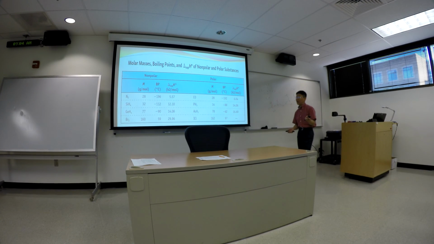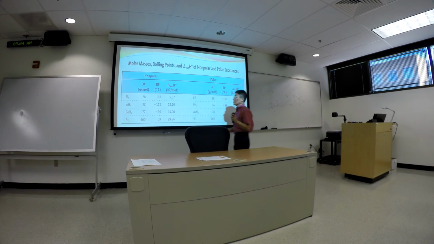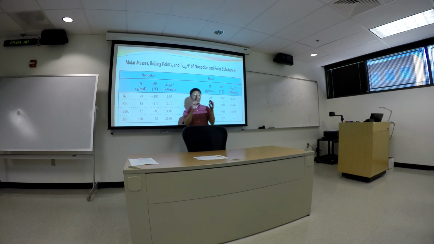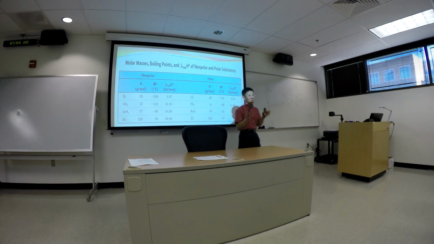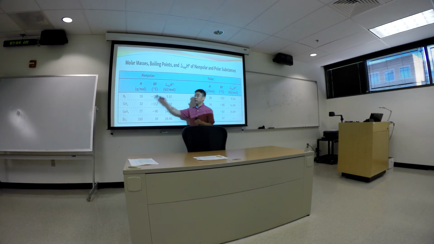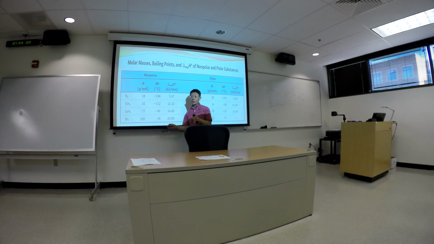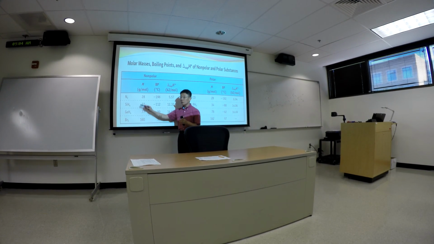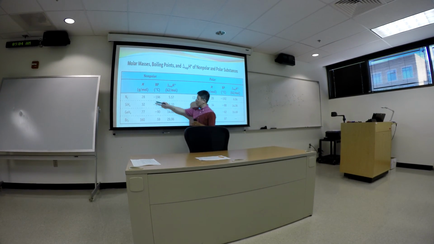Now if you look at the general trend in terms of the molar mass versus the boiling point, in nonpolar molecules versus polar molecules, generally speaking, the higher the molar mass, the higher the boiling point. So these are a group of nonpolar molecules. Their molar mass goes from 28 to 160.